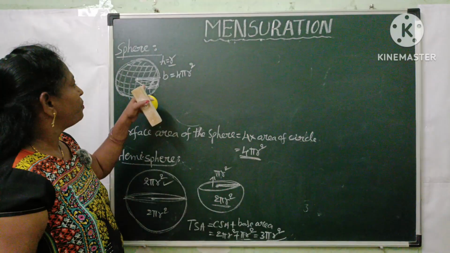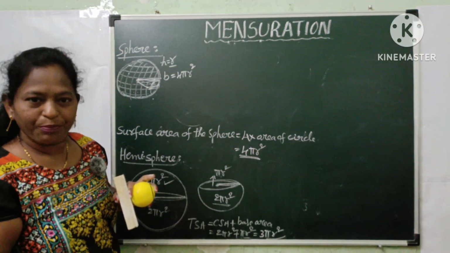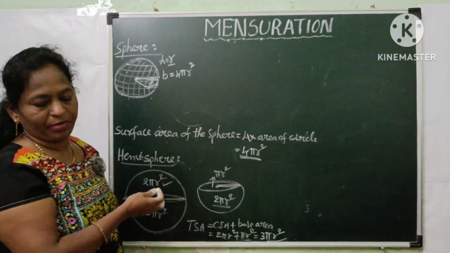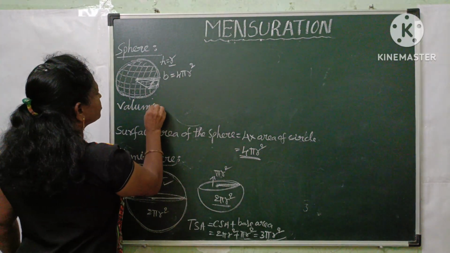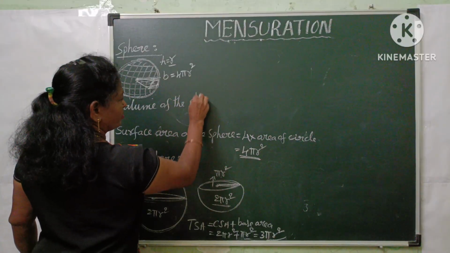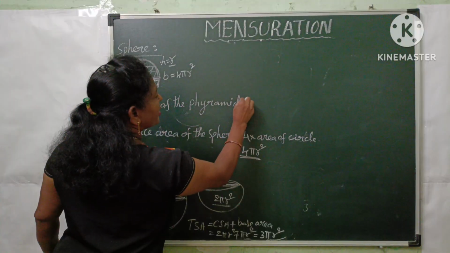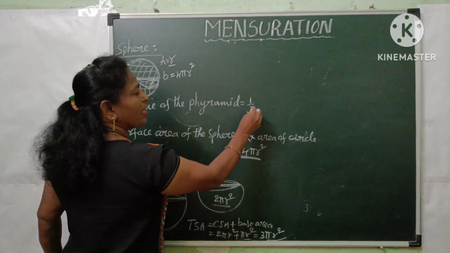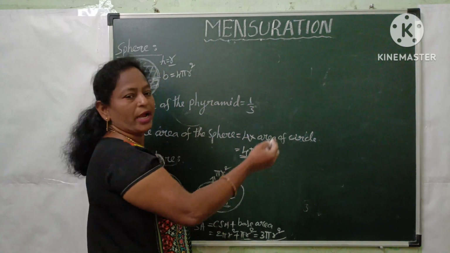What is the volume of the pyramid? Volume of the pyramid is equal to 1 by 3 into base area into height.